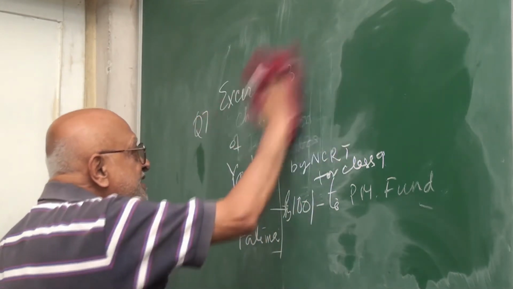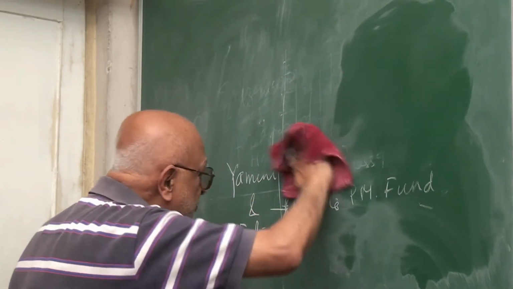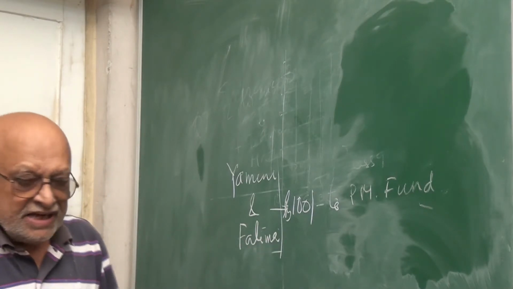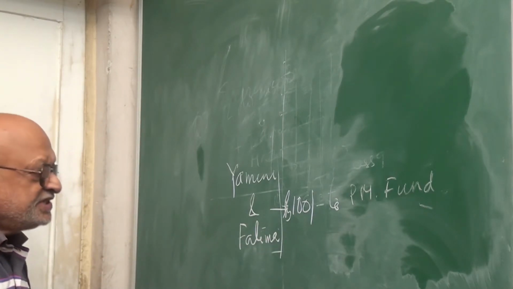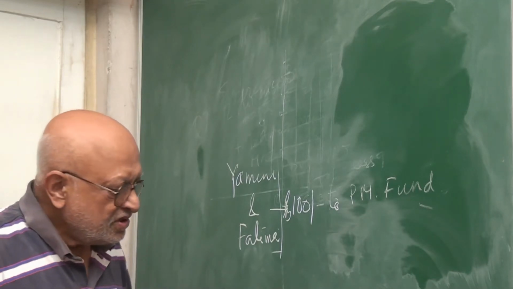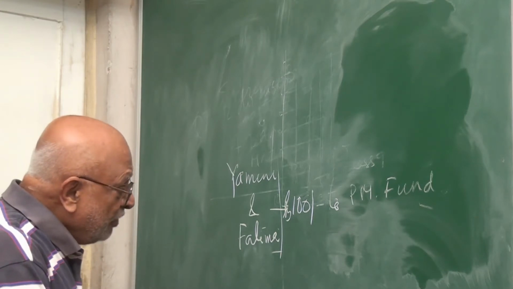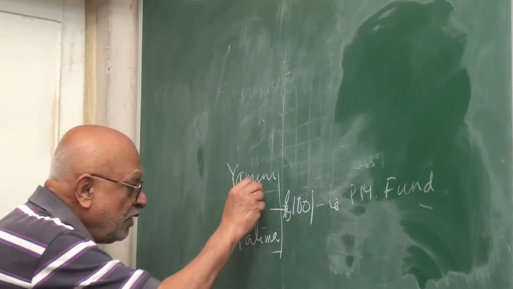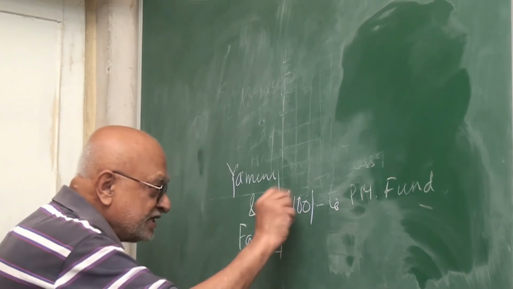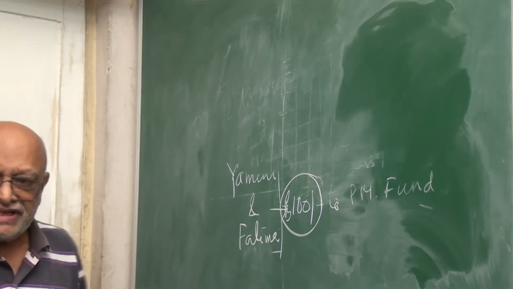So they contribute rupees 100 to the PM fund. Now it says, please write a mathematical expression for this. So what do we do? They do not say individually who has paid what. We do not know that, but we know the sum total is 100 rupees. So how do I express that?